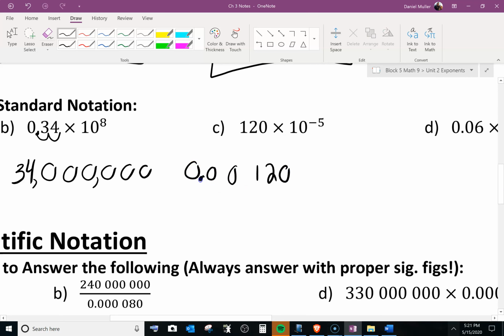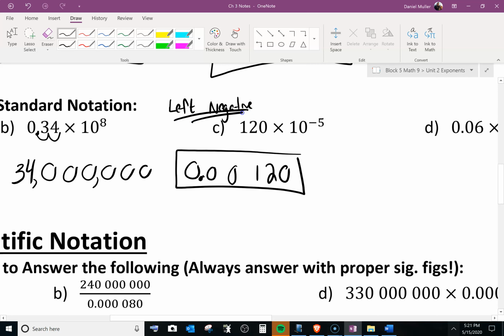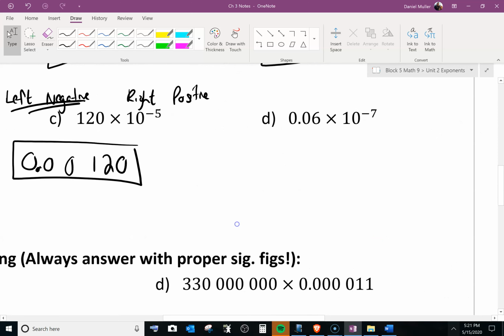So 0.00120. So if it's negative, you're going to move this left. So you move it left if it's negative, and you move the decimal place right if it's a positive. So this is negative. I'm going to move this thing left.